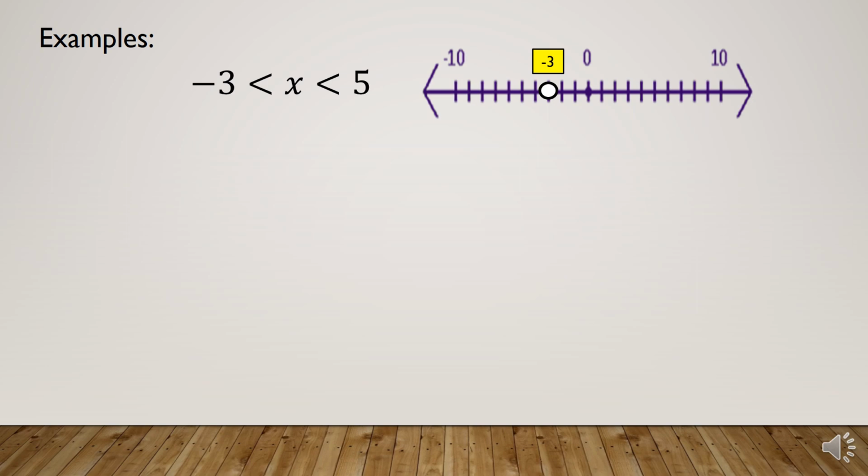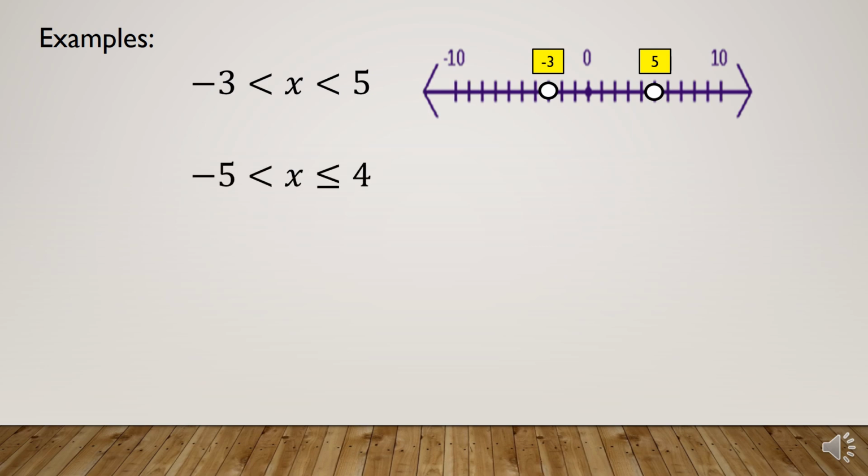It means -3 is not included in the set of values of x. Next, we have 5. Since the inequality is less than, we will still use an open circle. So it means that 5 is not included in the set of values of x.